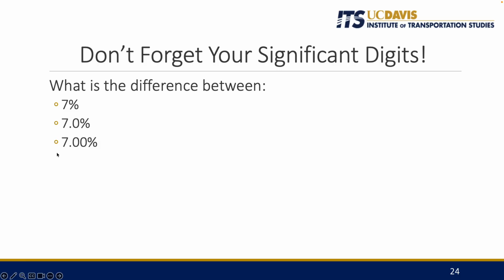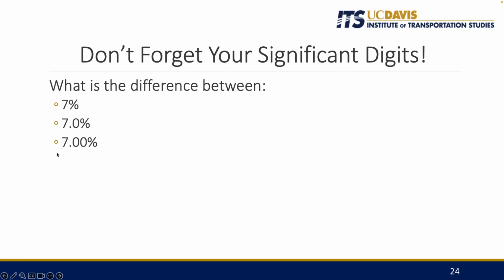And so the basic idea is that the number of significant digits, or sig figs, denotes a level of precision, just in the way that you display a number, right? And so these actually imply pretty different levels of precision.